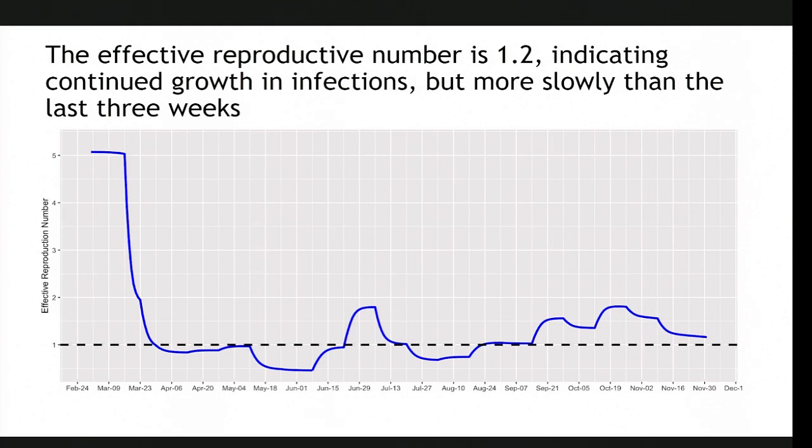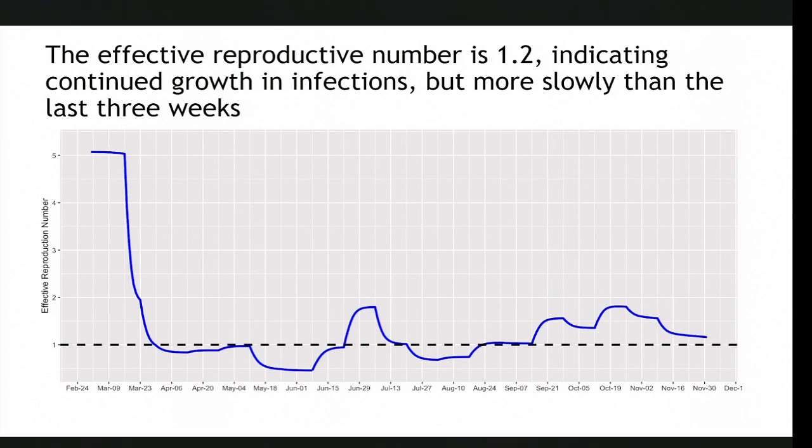But if you look at more recently into the fall, you'll see the rise that went on for almost 2 months. And the good news is that we've dropped down from the peak value, which was almost 1.7, to the most recent value of around 1.2.